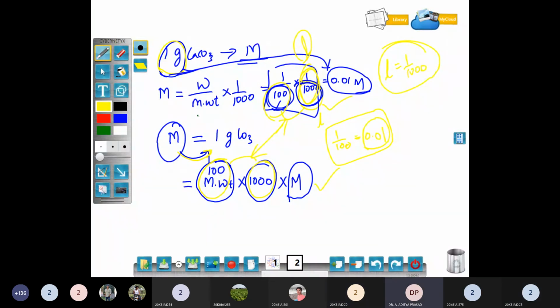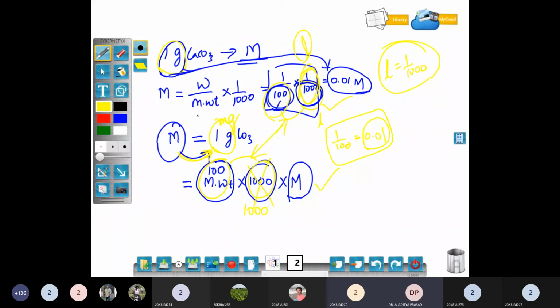While converting molarity into milligram per liter or grams: if you want to convert this into grams, there is no need to multiply it with 1000. If I want to convert this into milligrams, then only I need to multiply with 1000.